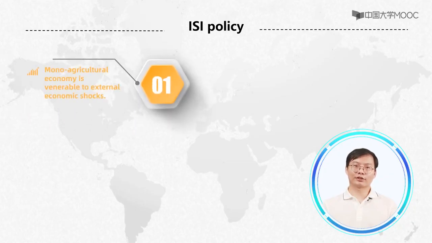First, after the Second World War, developing countries realized that dependency on a mono-agriculture economy is vulnerable to external economic shocks. That is, when a world economic crisis happens, exports of agricultural products are more negatively influenced than durable manufactured products.